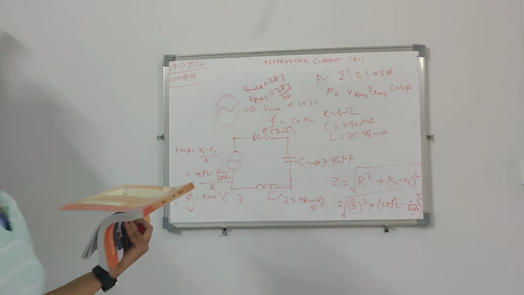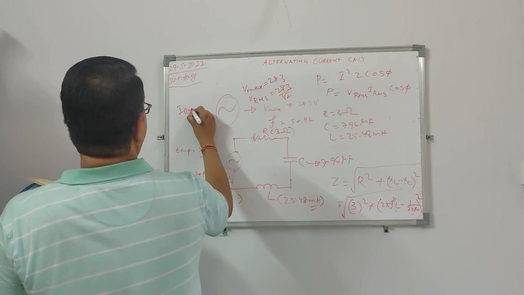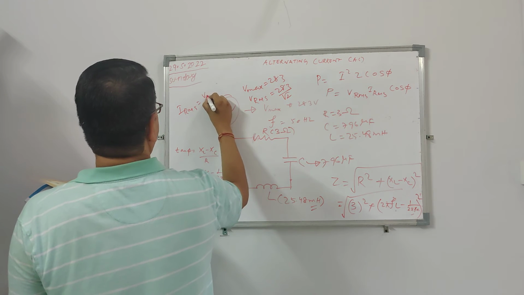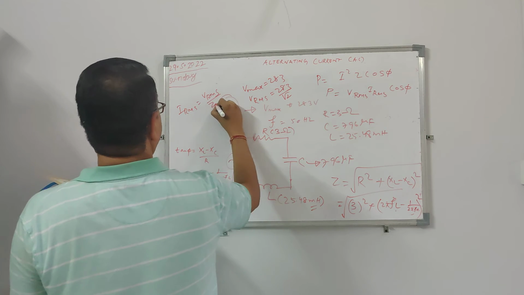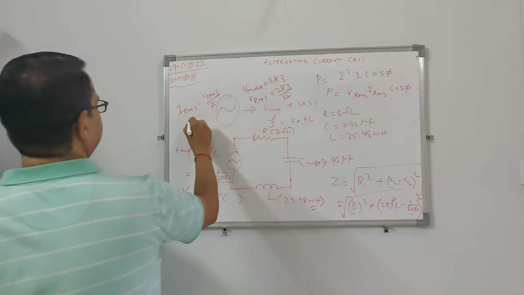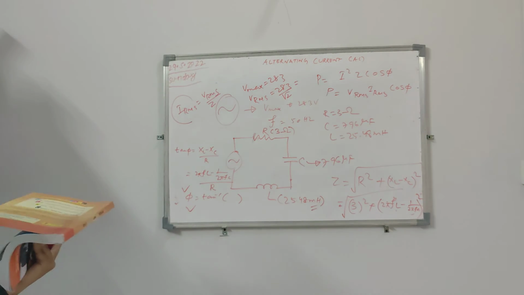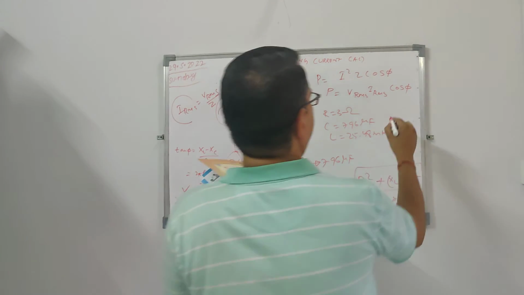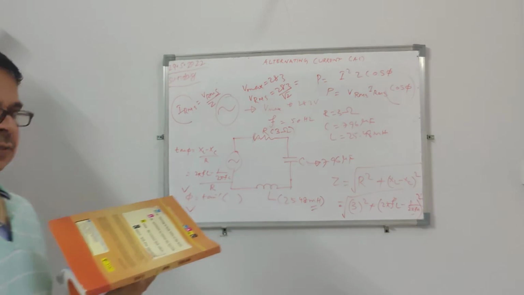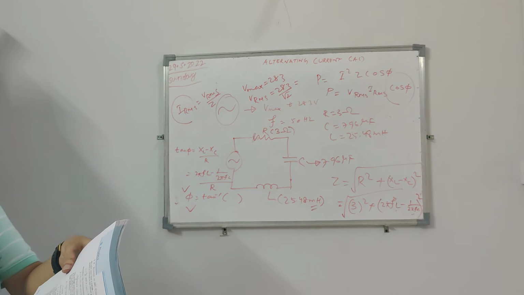Then what is Irms? Irms is equal to Vrms by Z, which we found. So Irms you have found out, Vrms you can find by dividing by root 2, and you know the angle phi, so cos phi. Using all these, you can find out the power dissipated in the circuit.